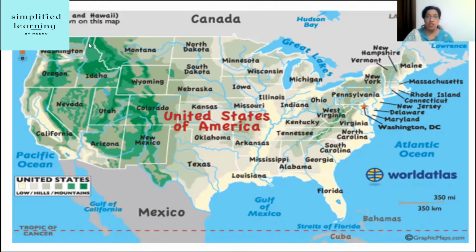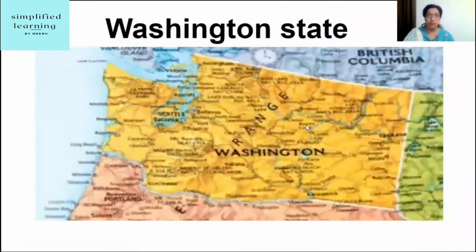Now where is Washington DC? It is in the eastern part. Can you see here? This is Washington DC, the capital city of the United States of America. Clear? I hope it is clear now, so don't get confused. This one is Washington State and this one is Washington City, named Washington DC.